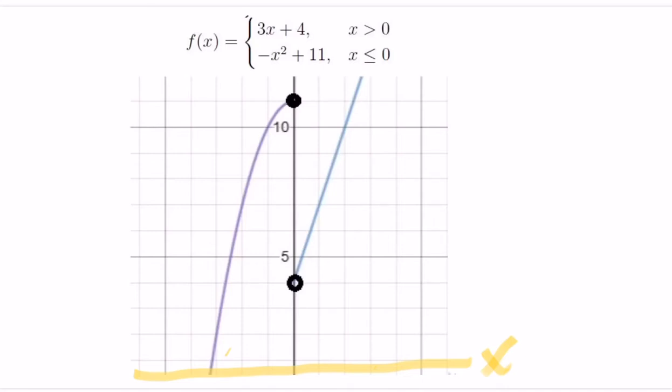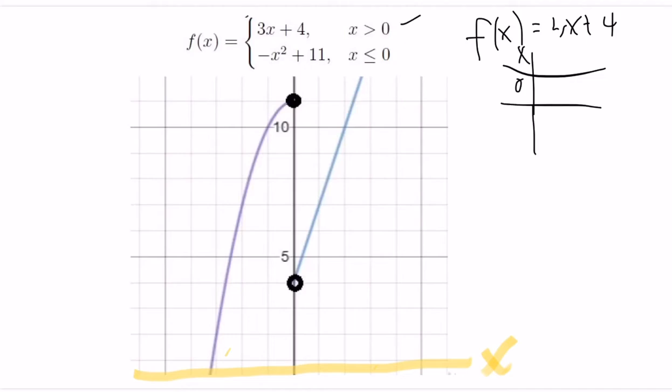For the first part, f of x equals 3x plus 4. For our table of values, we will start with 0 and up, since the domain is greater than 0. If x is 0, 3 times 0 is 0 plus 4 is 4. If x is 1, 3 times 1 is 3 plus 4, that is 7.